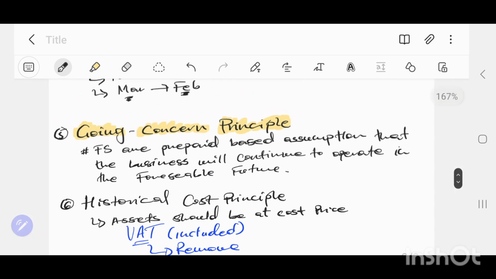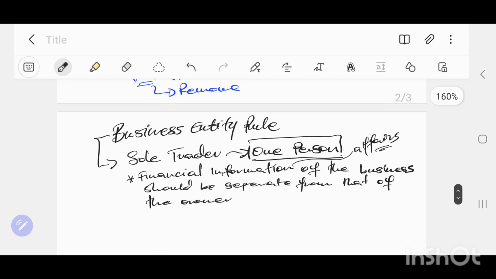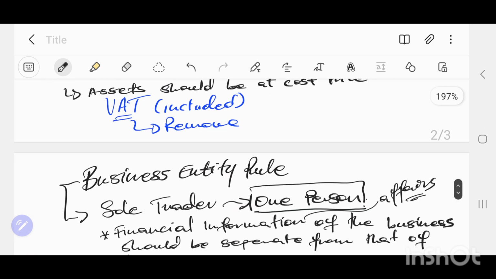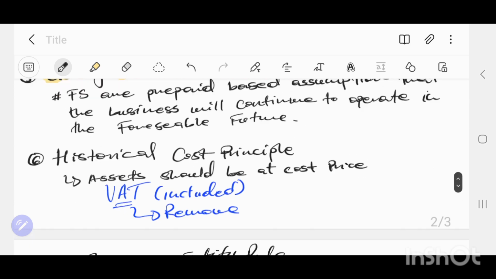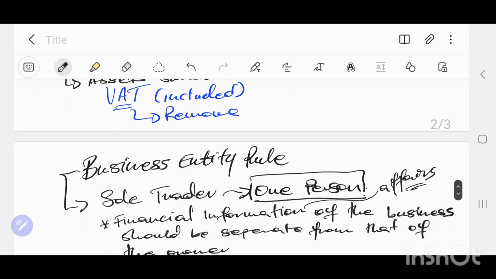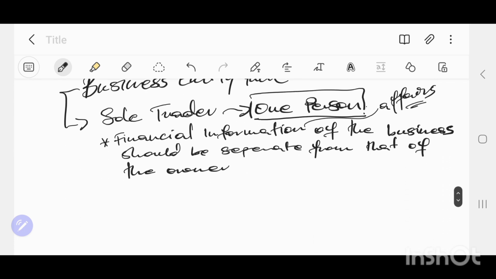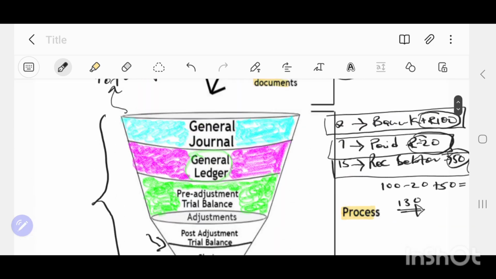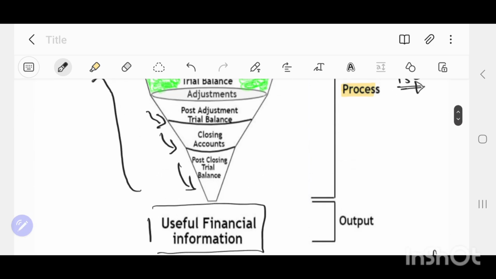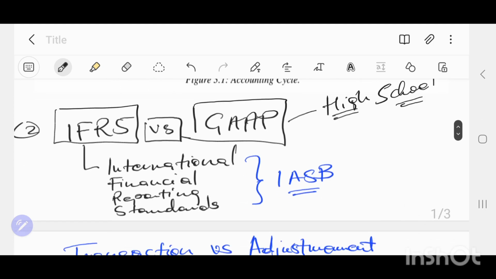That's what the business entity rule says. So if, for an example, the owner takes inventory from the business, those are going to be considered as drawings. And if the owner invests money into the business, that's going to be considered as capital. There needs to be a separation between the financial affairs of the business and those of the owner.